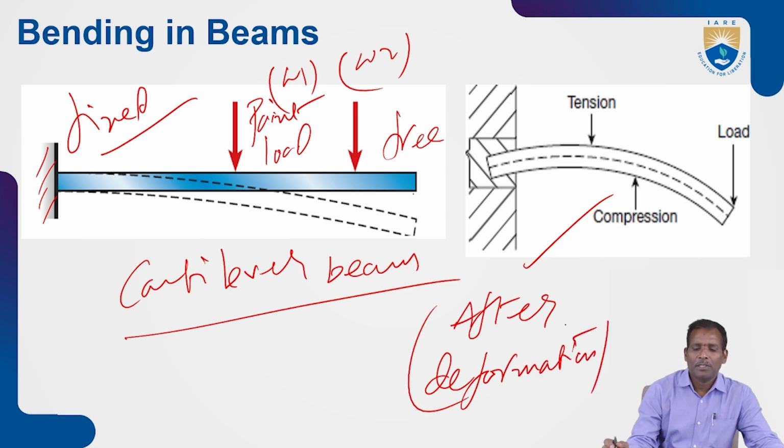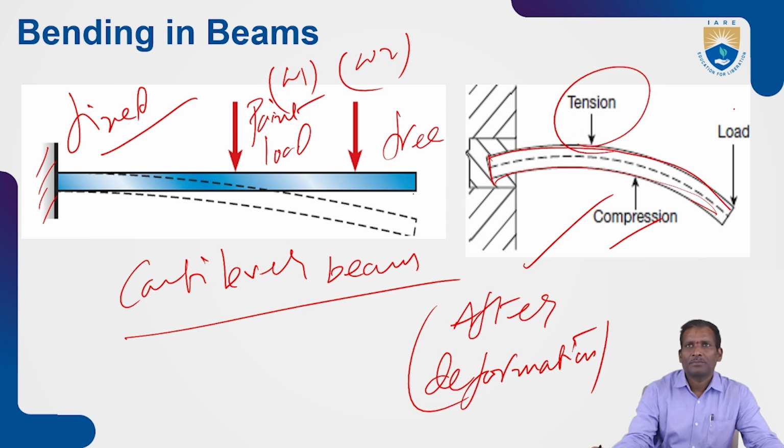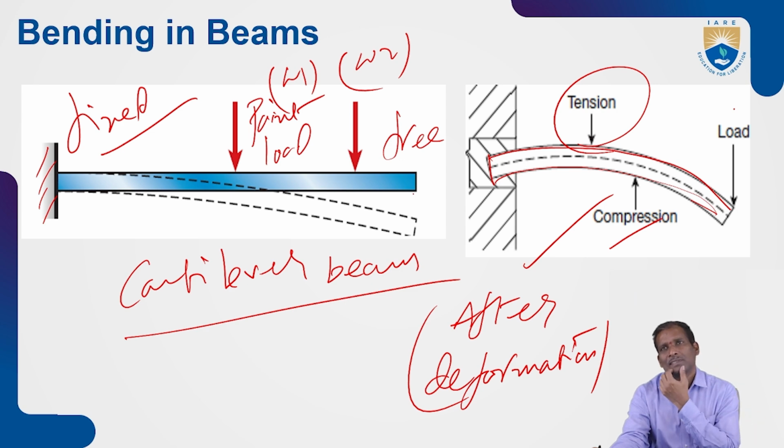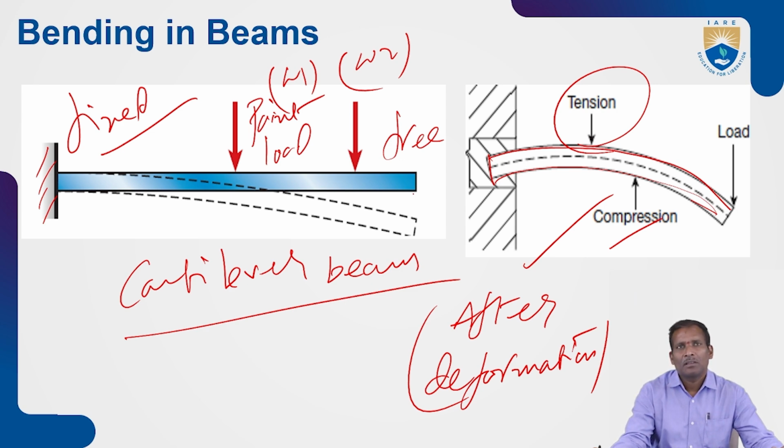After deformation, the bottom layer undergoes compression and the top layer tension. So one is compression, another is tension.